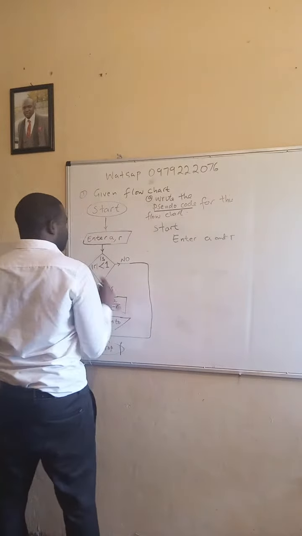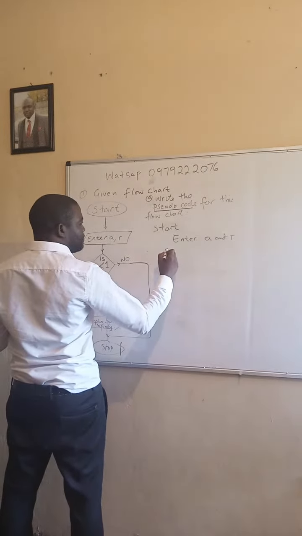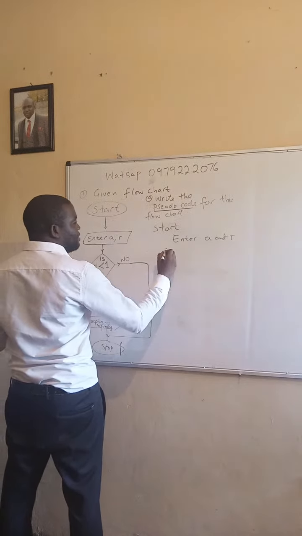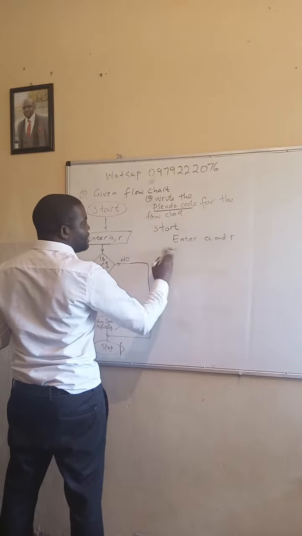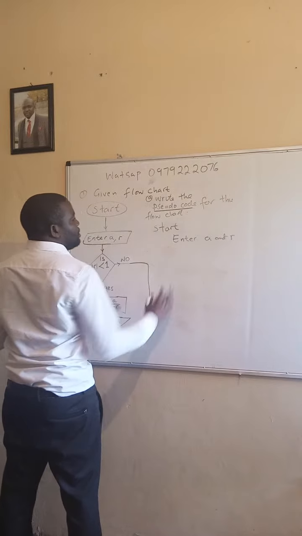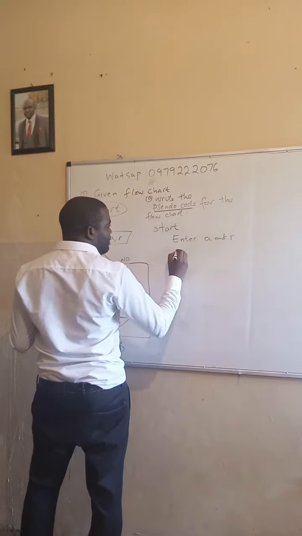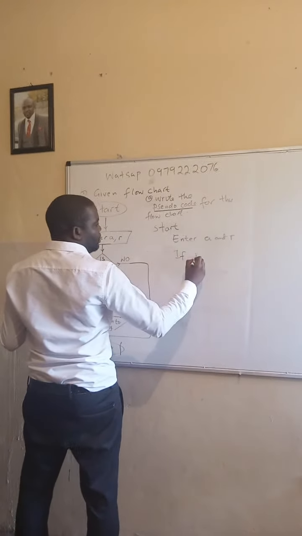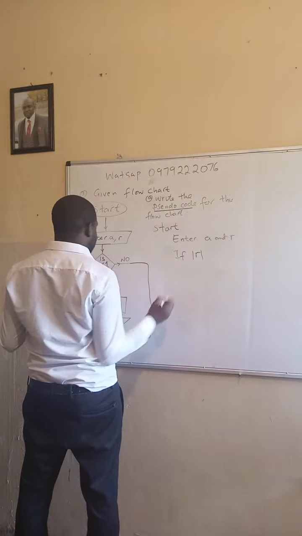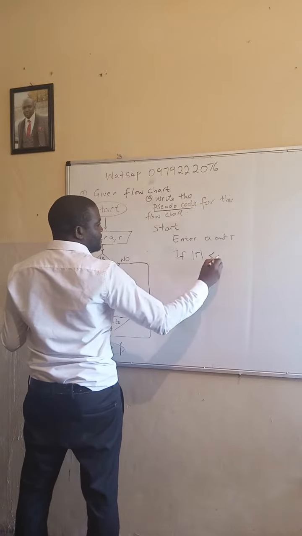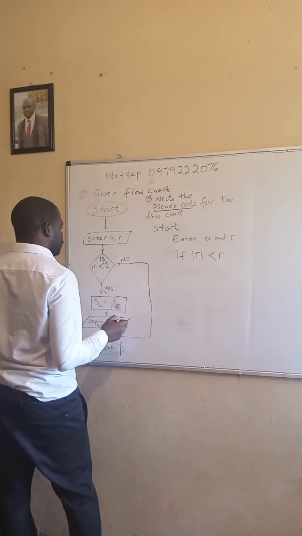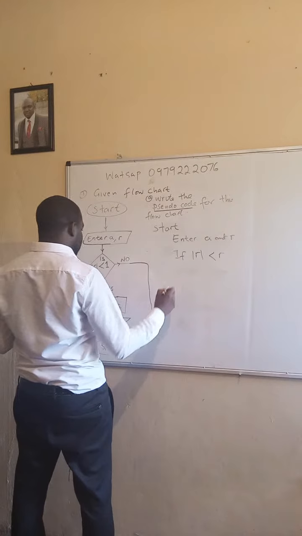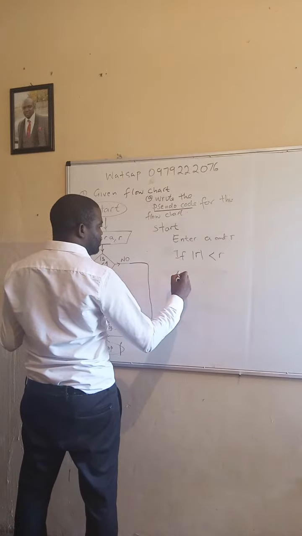So this one becomes if. This one is in a straight line with this. So if this radius is less than r, and then what do we have here?